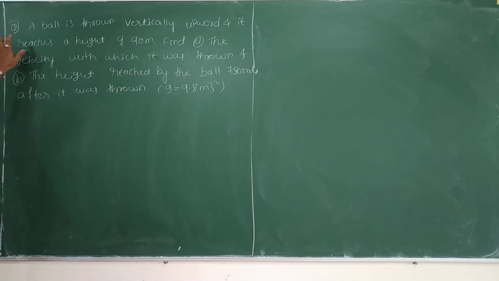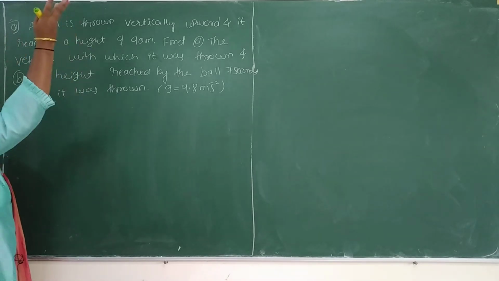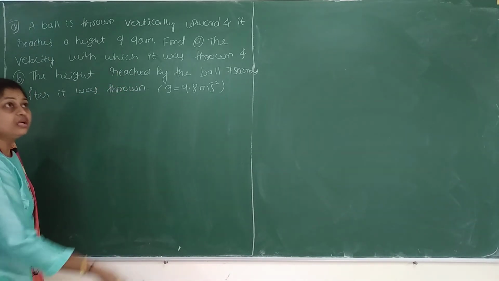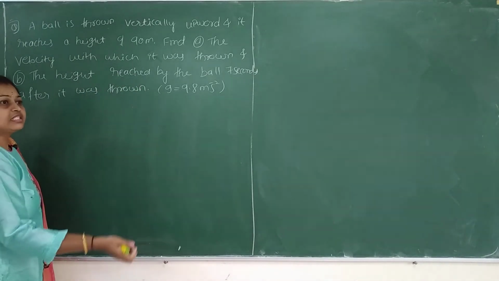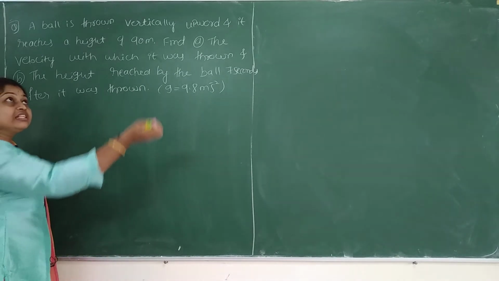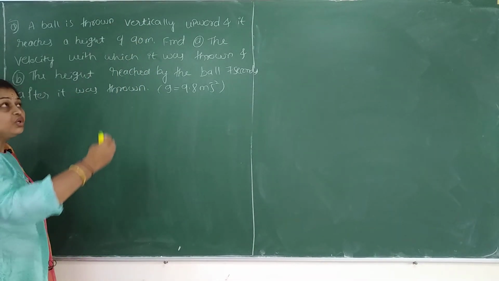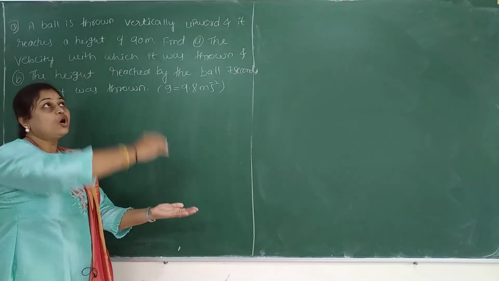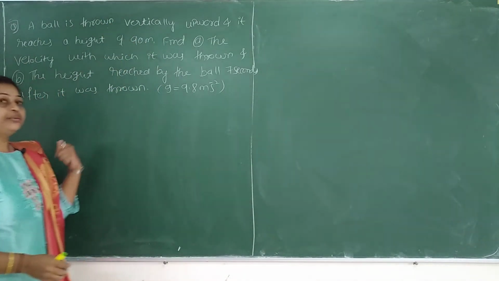So see here, a ball is thrown vertically upward. Vertically upward means once you throw the object or ball with some velocity, it will reach the highest point. From the ground to that highest point, how much height it has reached, that you have to calculate.